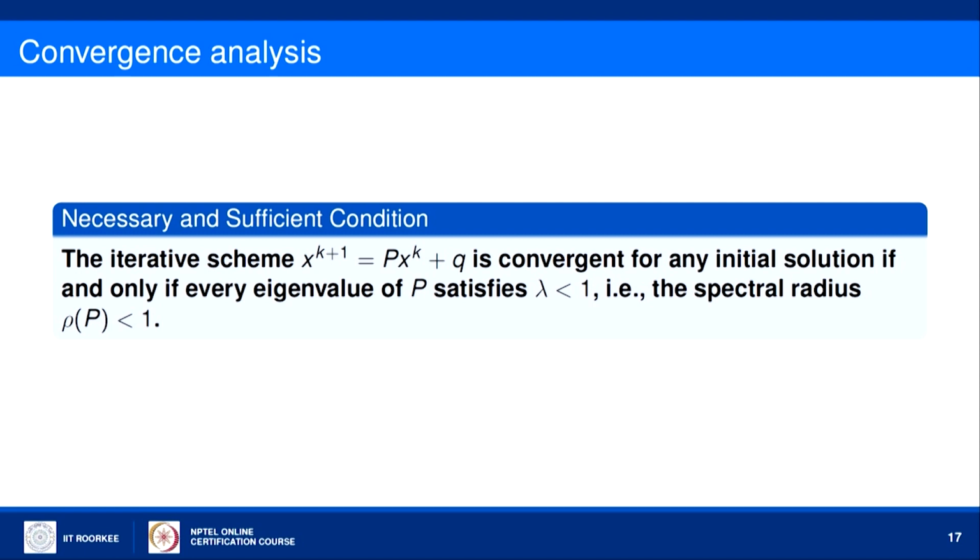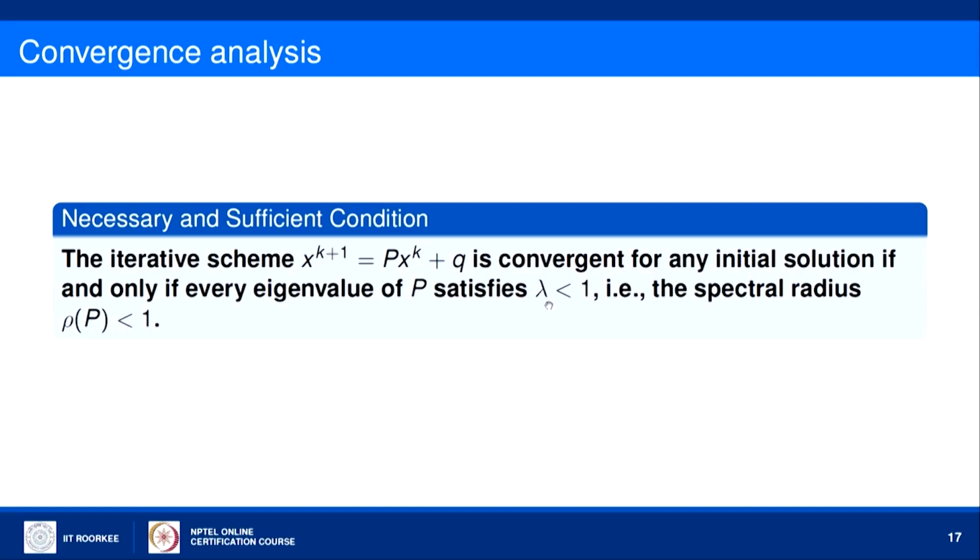So, this is the necessary as well as sufficient condition for convergence, meaning if the scheme is convergent, then every eigenvalue of P will be less than 1, and if every eigenvalue of P is less than 1, then the scheme will certainly be convergent.